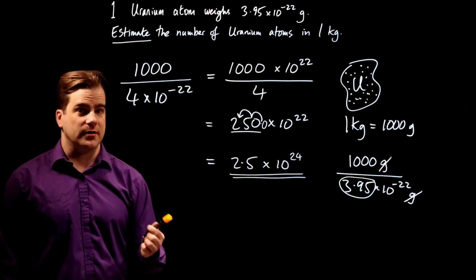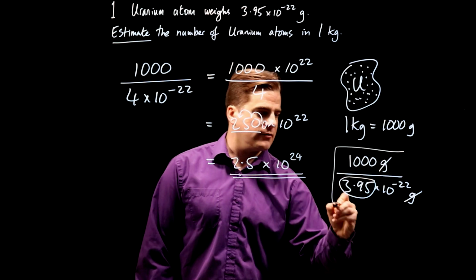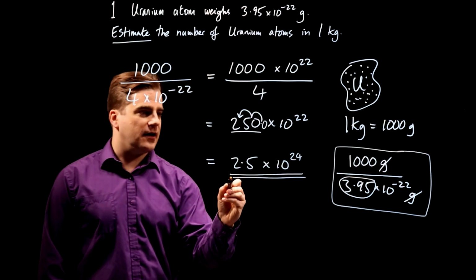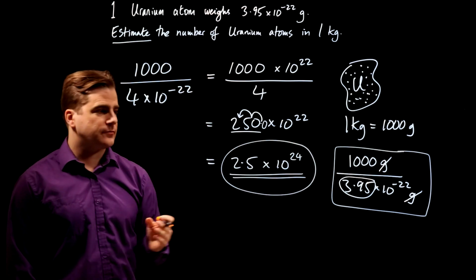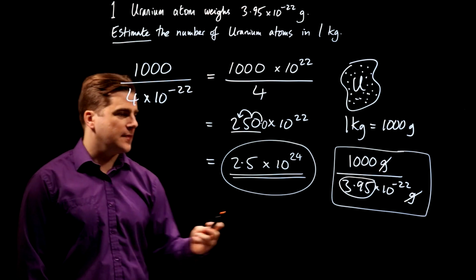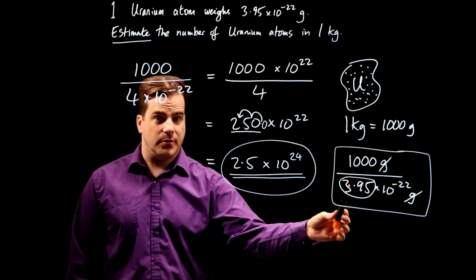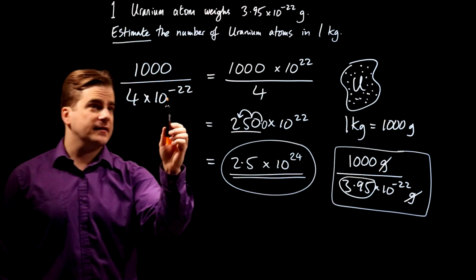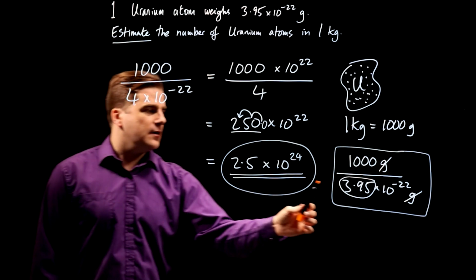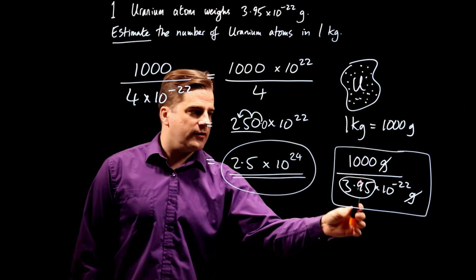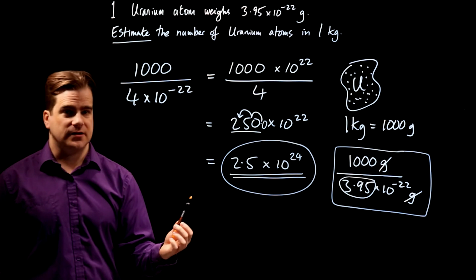underestimate or an overestimate of the true value. Here's the true value, and here is our estimate. Which is bigger? Well, the true value was 1,000 divided by 3.95. The estimate was 1,000 divided by 4. The smaller the number on the bottom, in other words the denominator, the larger the fraction.